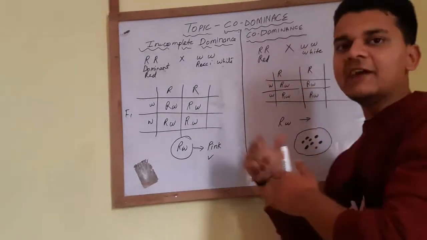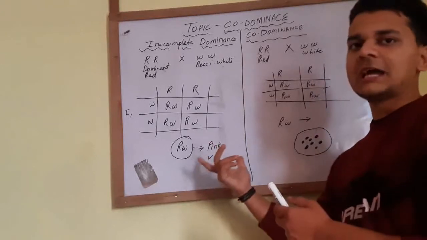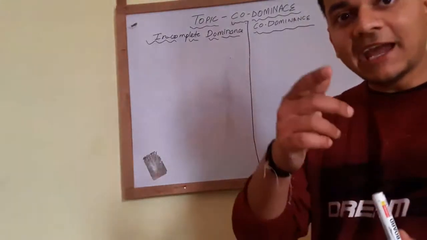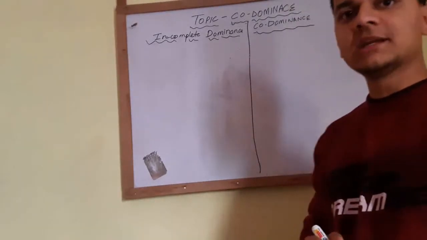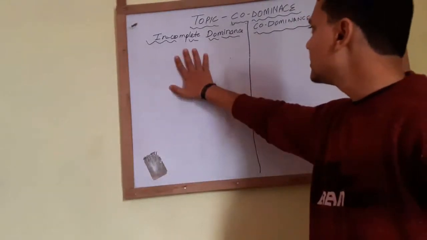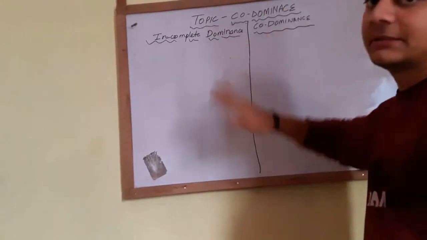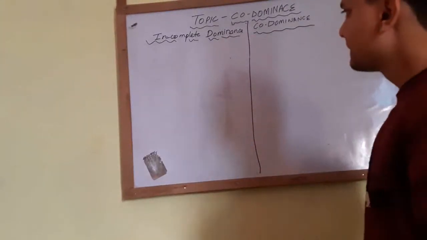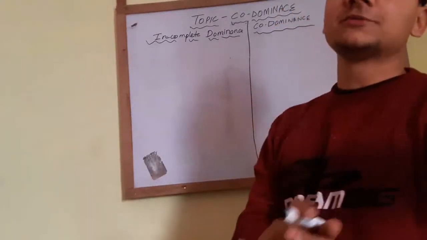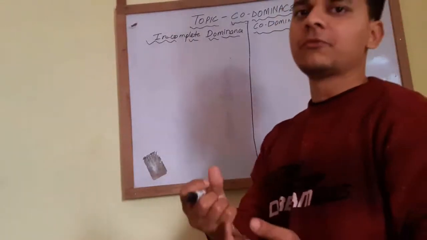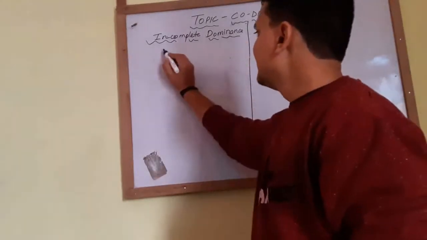Now let's talk about the F2 generation, what phenotype and genotype ratio. We'll talk about the F2 generation, right? So what will happen in F2 generation when we talk about incomplete dominance and codominance at the same time. So say two of the offspring are taken out from the Punnett square and they are being crossed.